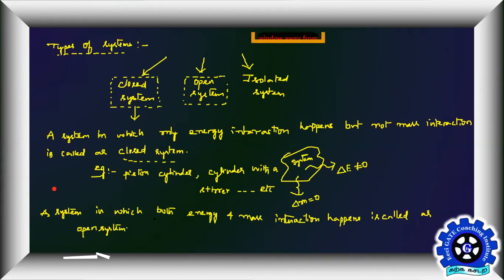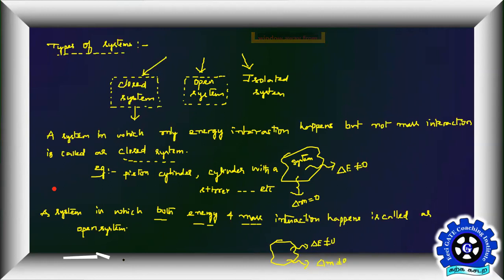It's very important. You see both energy and mass interactions. So you have some system in which you see both energy interactions and mass interactions. They're called open systems.